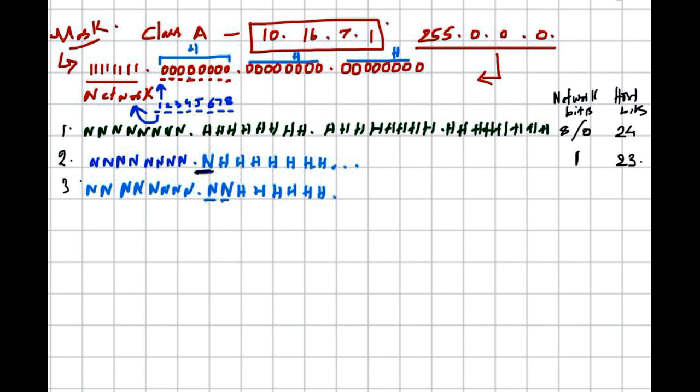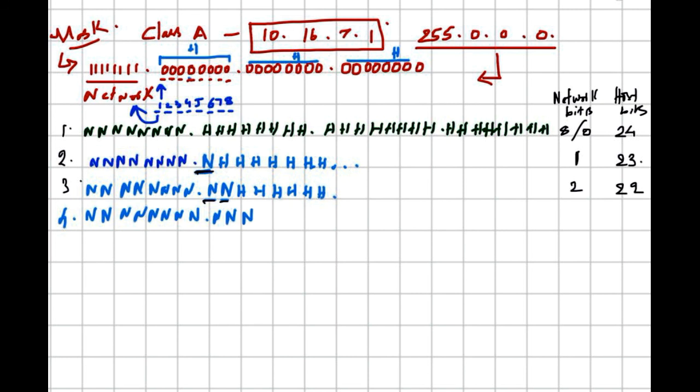In the third one, we have borrowed 2 network bits and the number of host bits is now 22. So you keep on adding network bits from the host portion.